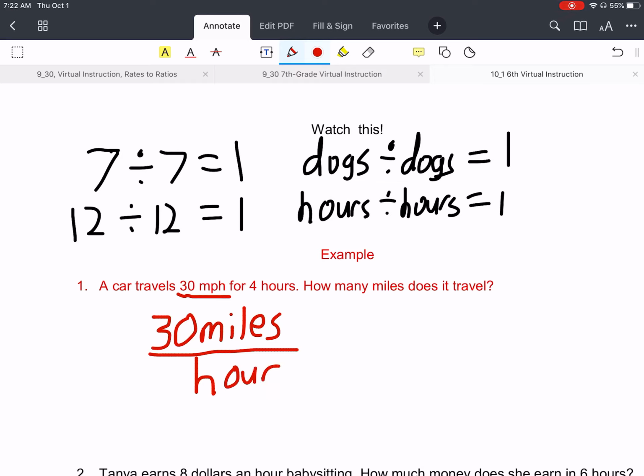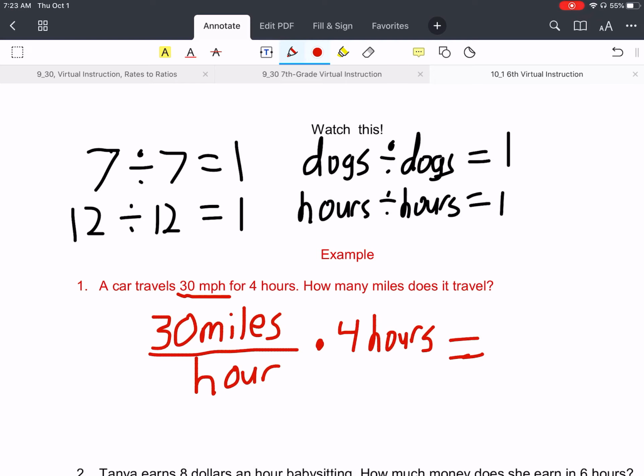And to get full points on your assignment, you're going to have to write it out like this. So 30 miles per hour, and we're going to figure out how many miles it took for 4 hours. So we're going to be multiplying by 4 hours. And that is going to equal our total number.